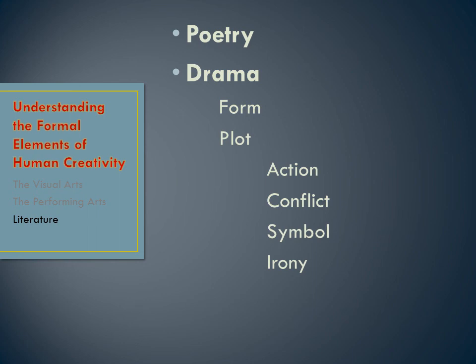Irony. Irony is when someone says something that they think means one thing, but the audience recognizes means something completely different that maybe the character doesn't realize. Irony is used quite a bit, especially in ancient Greek tragedy. One of the most famous plays in the history of theater, in classical Greek drama, Oedipus the King, or Oedipus Rex.